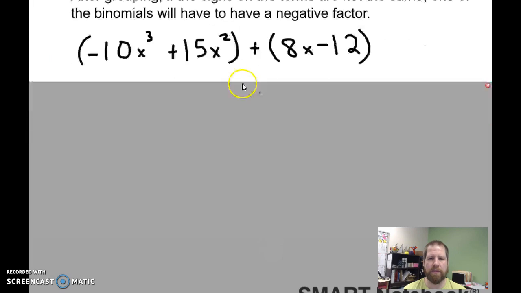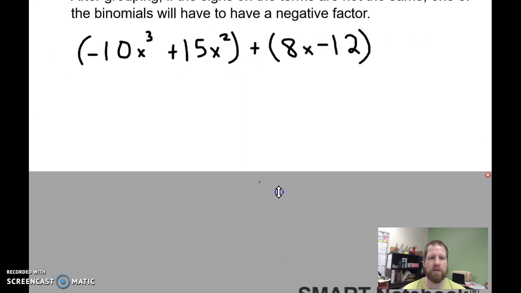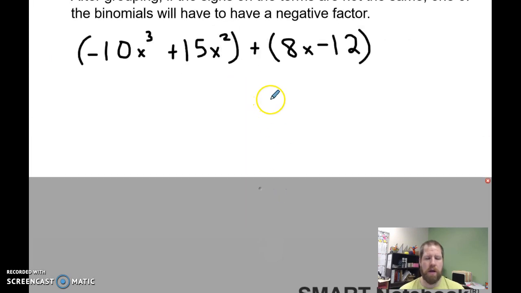The first thing we want to do is just factor them like normal, and pull out your greatest common factor. So I've got 10x cubed and 15x squared, and right now I'm kind of ignoring the fact that I've got a negative. So my greatest common factor here is going to be x squared and 5.